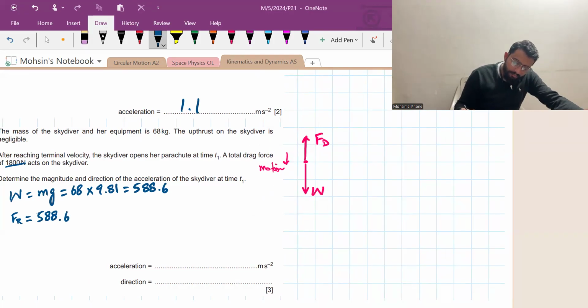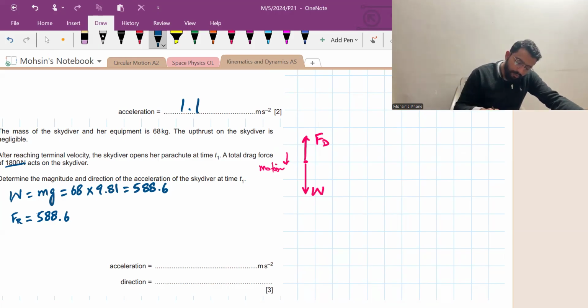We are assuming here that weight is greater, because normally that happens until the object reaches terminal velocity. But here the skydiver has opened her parachute, so obviously the drag force will be greater. According to the theory that we follow, we subtract the force from the force in the direction in which the object is moving. Right now, the skydiver is moving downward, so we are subtracting the upward force from the downward force.